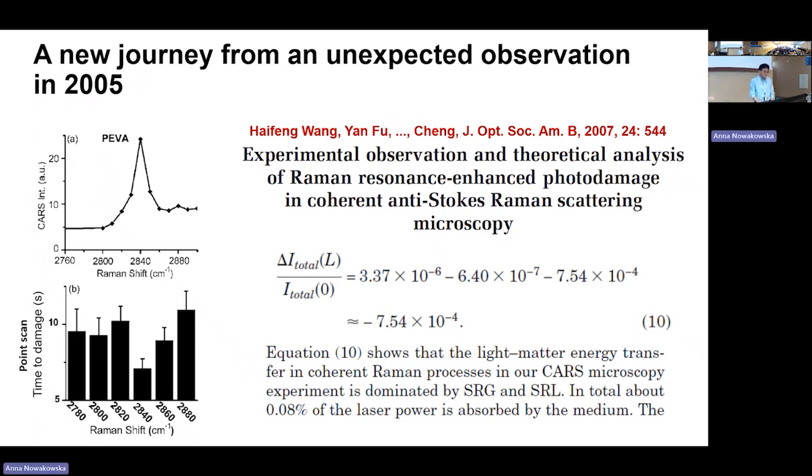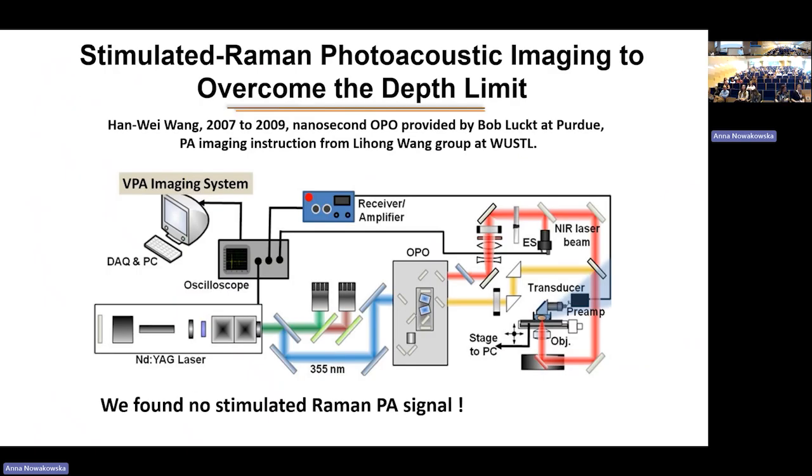So we immediately built a stimulated Raman photoacoustic microscope at Purdue, with my colleague providing a nanosecond OPO to me, and Li Hong also taught us the basics of photoacoustic imaging. We tried that for 2 years, and we did not get any stimulated Raman photoacoustic signal.